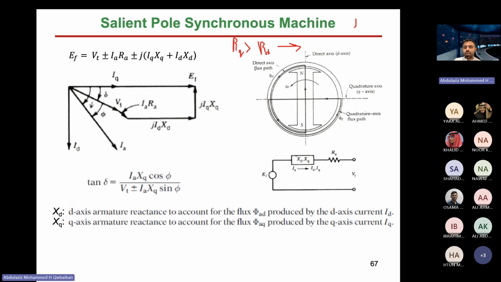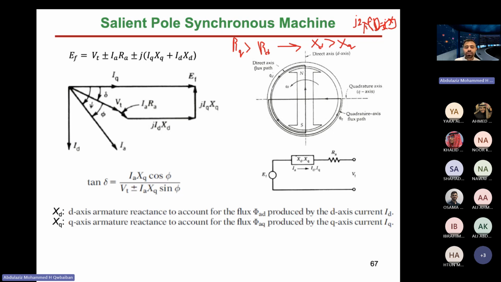You know that 2 pi f L would equal jX. So this L is inversely proportional to the reluctance. It implies X is also inversely proportional. So you will have X of d larger or X of q? X of d. X of d will be larger.